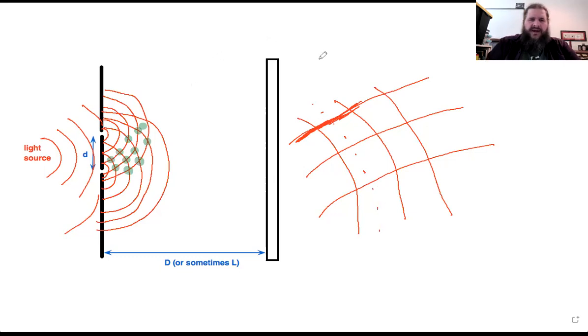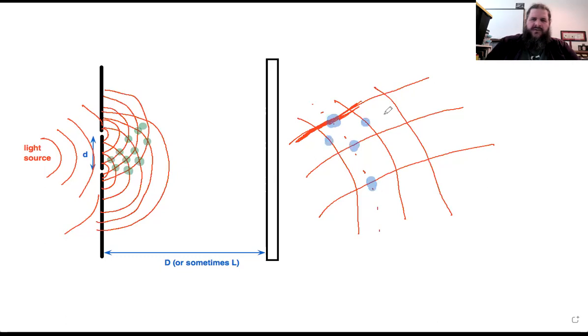If we take a look at this spot right here, for instance, that's a spot where the crest from one wave overlaps the trough from the other wave. And likewise right here, and also, for instance, this trough and this crest.